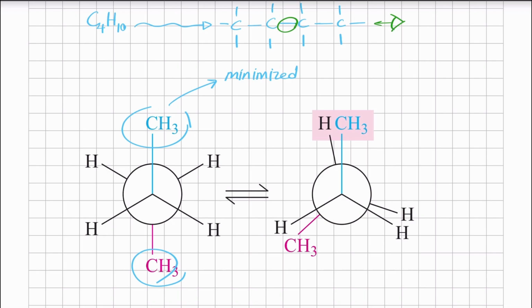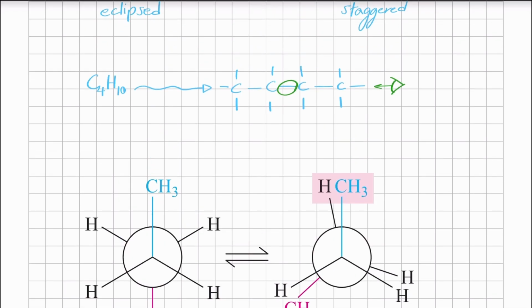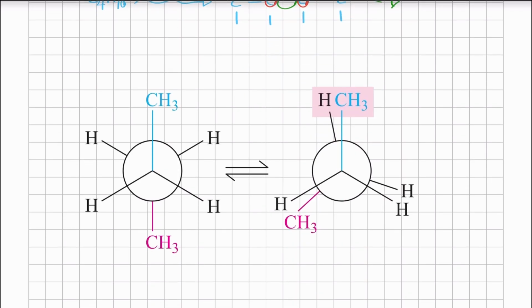But let's try to rotate one of these central carbons. When I say central carbons, I'm basically referring to this one and this one. If we try to rotate one of these carbons by 60 degrees, we are going to have another conformation like this. Now, I'm going to ask you, which of these two conformations has more steric hindrance? Yes, you're right.